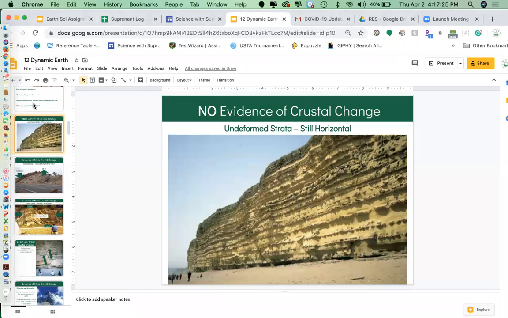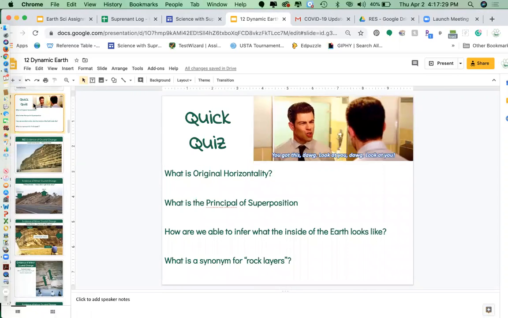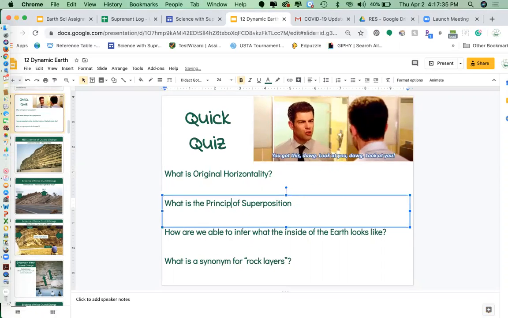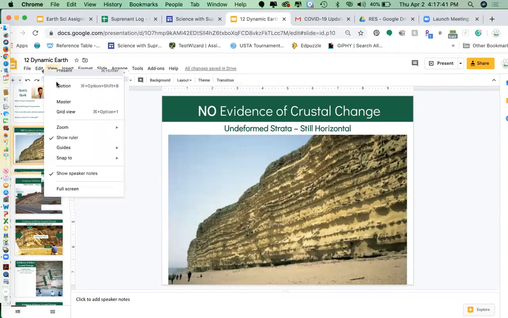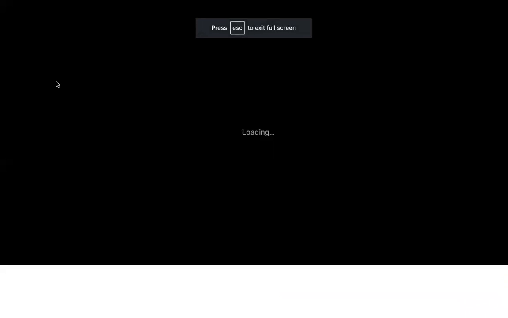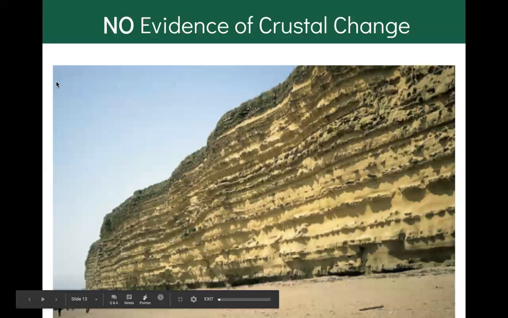Okay, so we left off and you had a quick quiz yourself about original horizontality and the principle of superposition. Now we're going to pick up with evidence of crustal change. When we have no crustal change at all, that would be where we have original horizontality.